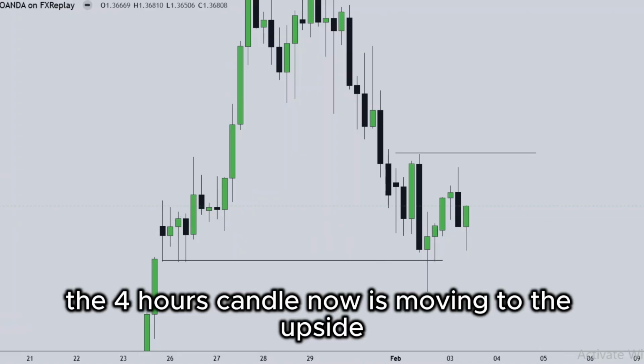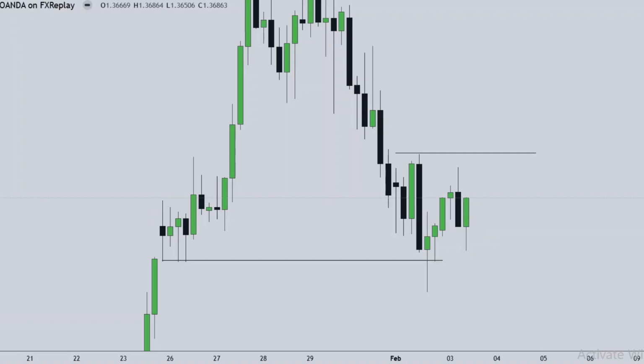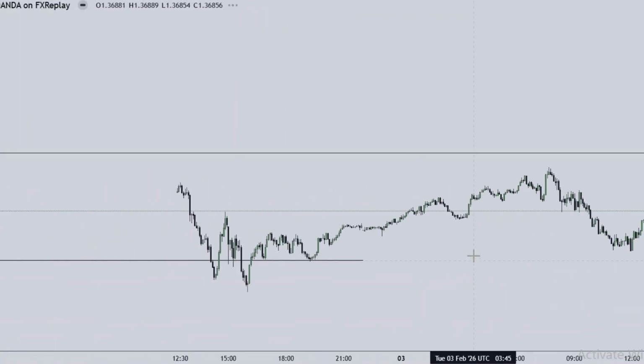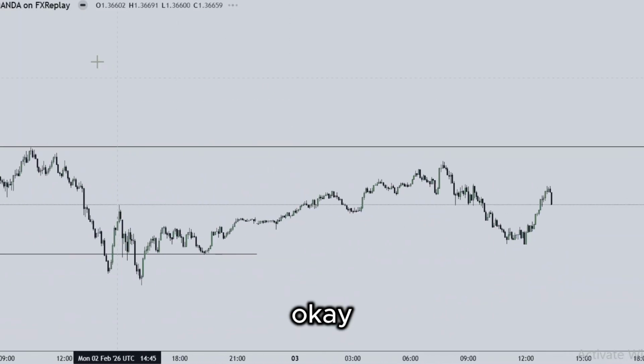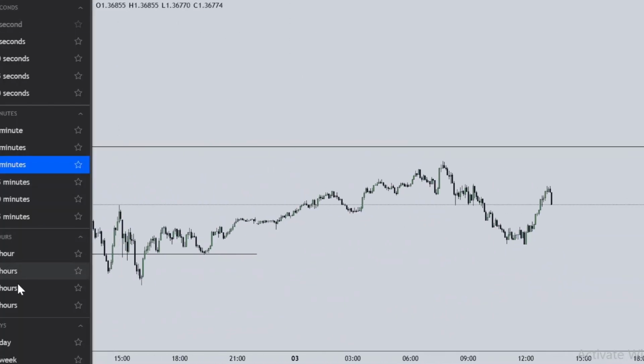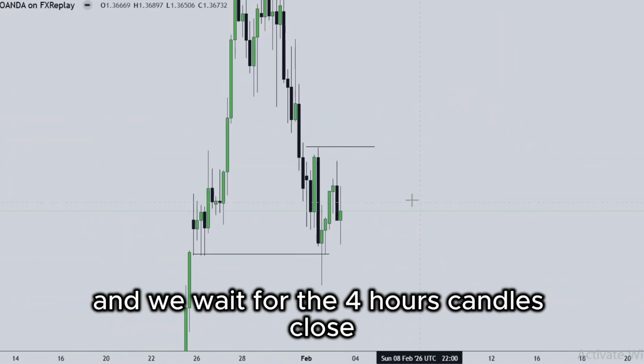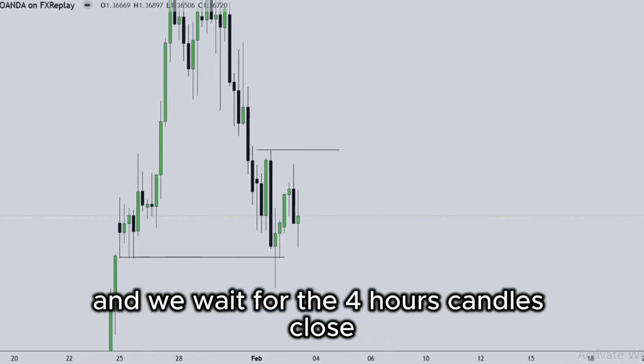The 4 hours candle now is moving to the upside. And we wait for the 4 hours candle's close.